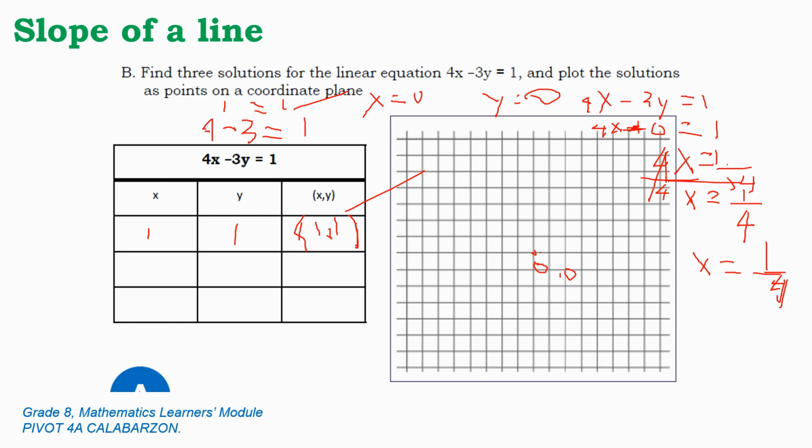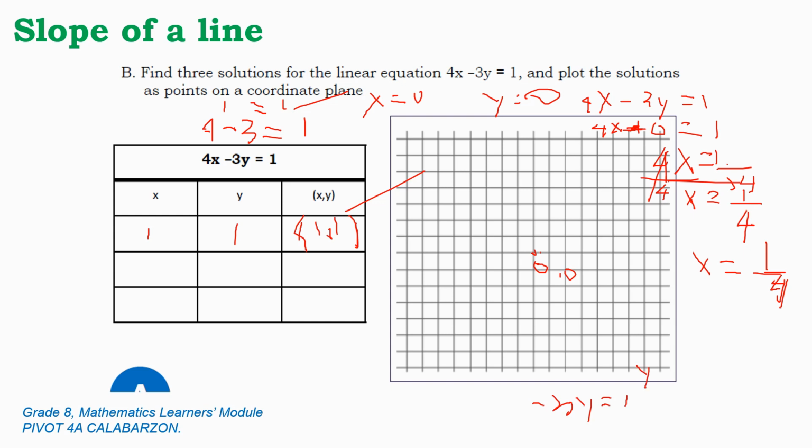What about the value of y? Change x to 0. Then negative 3y equals 1, so y is negative.